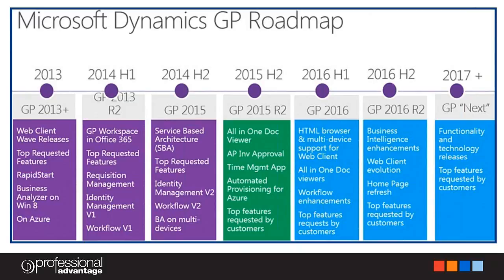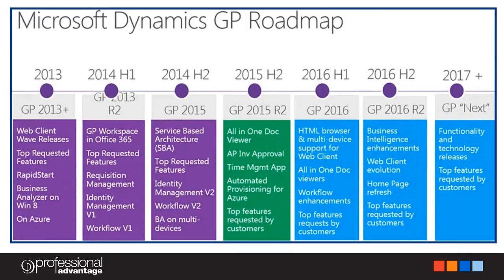Specifically with 2015 R2, there's a few things that today Rob's going to show us, because our last formal session was around the 2015 release. There's a couple of features that cross over between 2015 R2 and 2016, but the key message is that all those features hold true in 2016. So taking advantage of an upgrade now to GP 2016 rolls in all features.